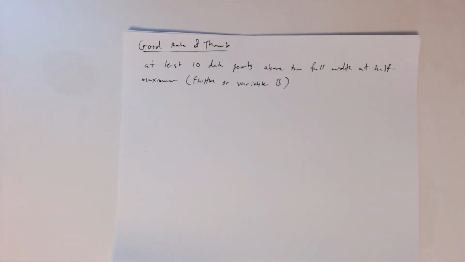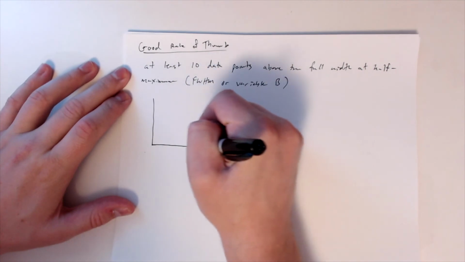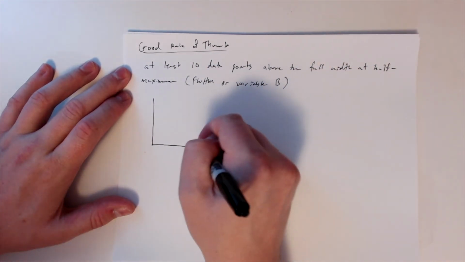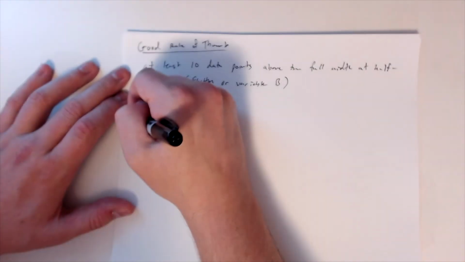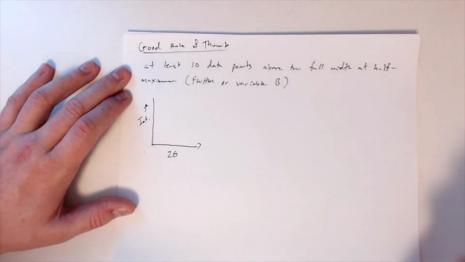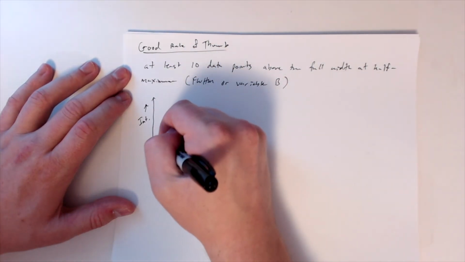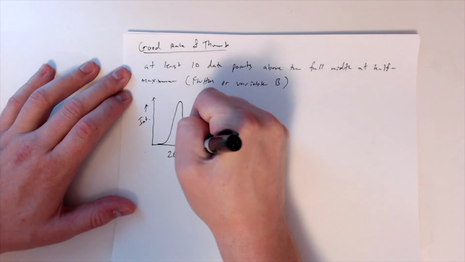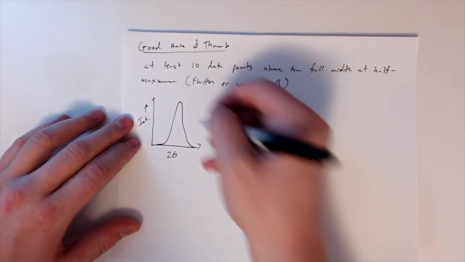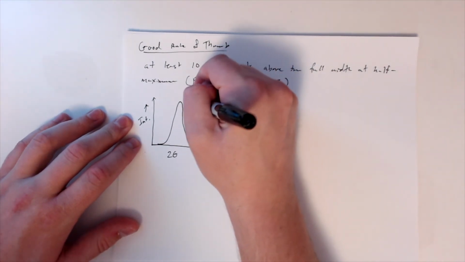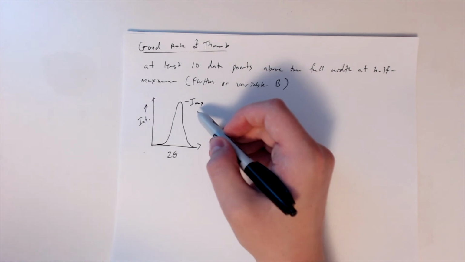So I haven't brought this term up, so let me sketch what I'm talking about here. Let's say I'm just looking at one peak and I have 2 theta on the x-axis and then intensity on the y-axis like we normally do, right? And I have a peak, and that peak looks something like this. I drew it a little badly, but more or less that's what we have. So this is the max intensity, capital I max.